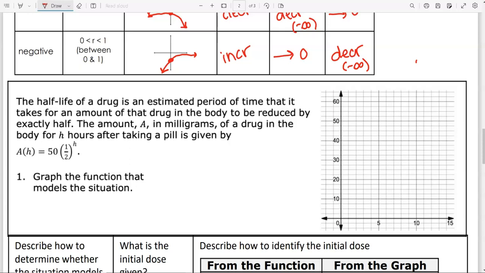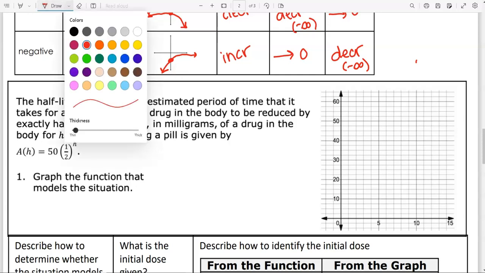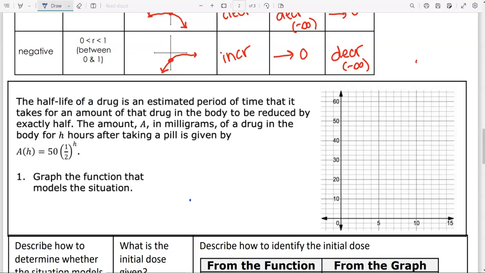So where are we going to start this graph? According to the function, 50 times 1/2, which one of those tells me where to start? The 50. This pill starts with 50 milligrams of its active ingredient. Now, how do I move forward?